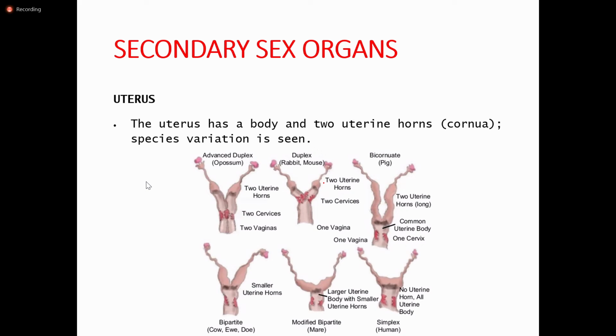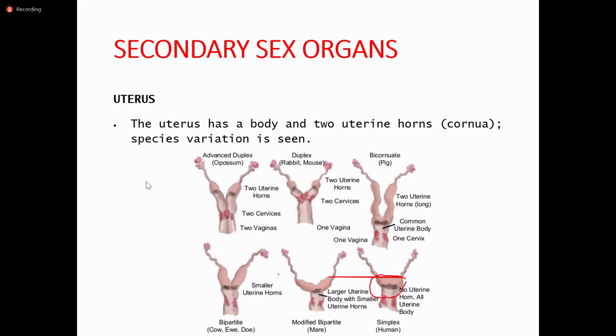That depends on the how many cervices, how many bodies, or how many vaginas are there. Like we have in simplex uterus, if we try to take a look with this, there is this large uterine body, no uterine horn, simplex. Okay. But we have also the bipartite.